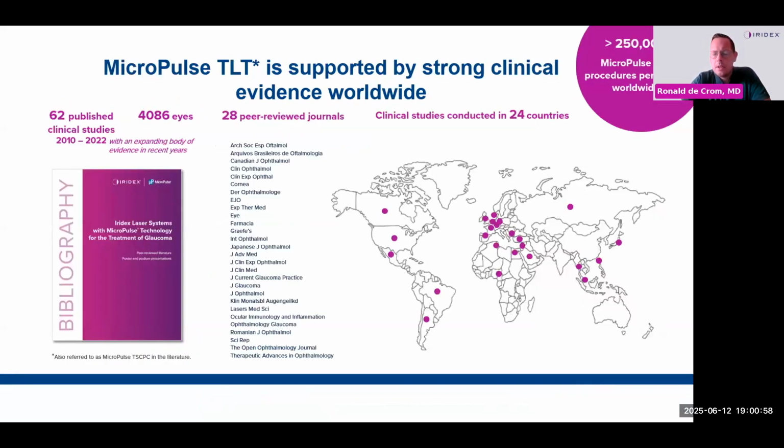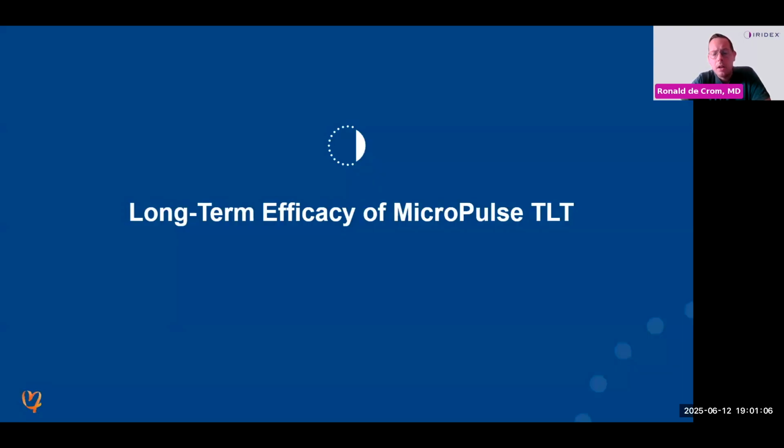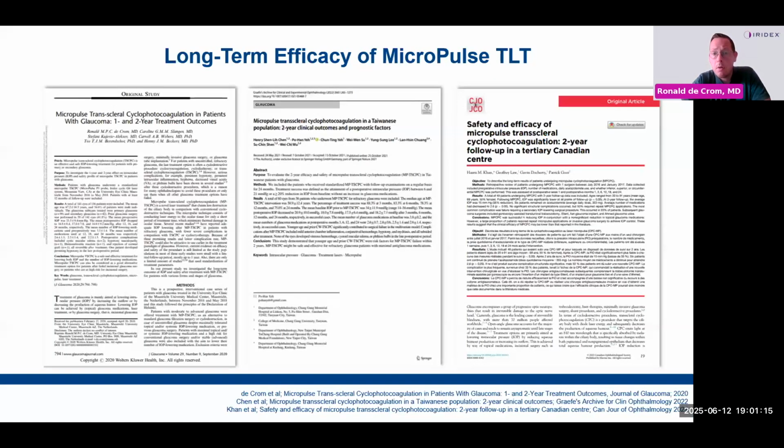Nowadays, a lot of studies are being published in which micropulse TLT is evaluated. In the last part of the presentation, I will take you through some long-term efficacy endpoints of micropulse TLT. There are a couple of studies which reported the 2-year outcome of micropulse TLT.